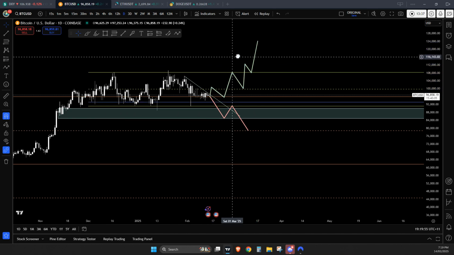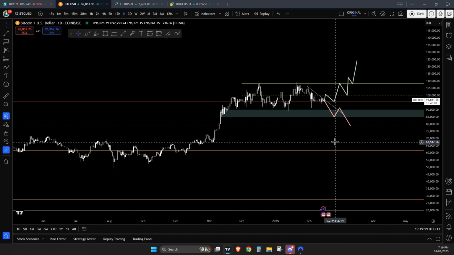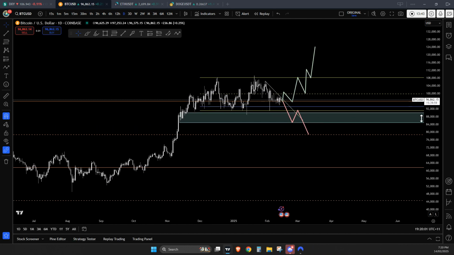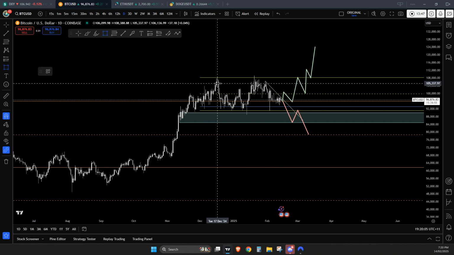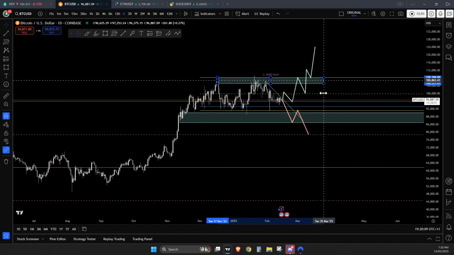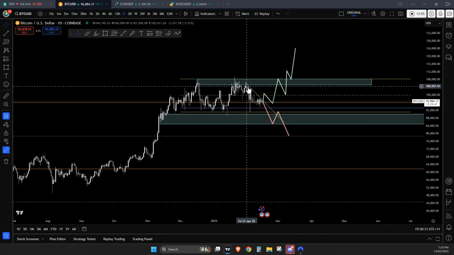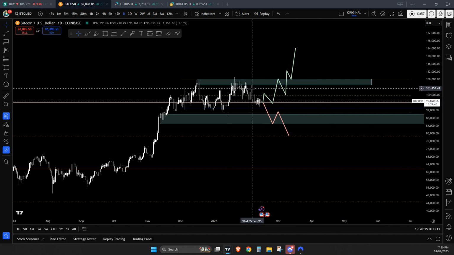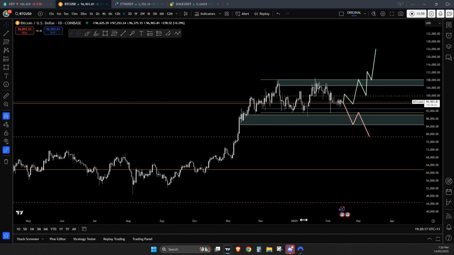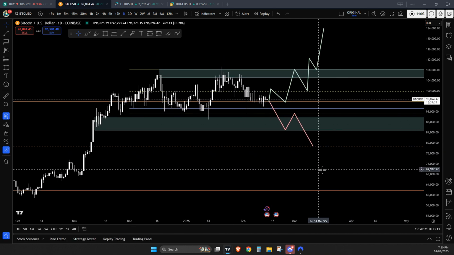There we go. So my two Bitcoin scenarios are right there. The only other thing I do is mark out this order block here, which has capped the market. And I'll get rid of this trend line. There we go. My final Bitcoin on how I'm seeing things.